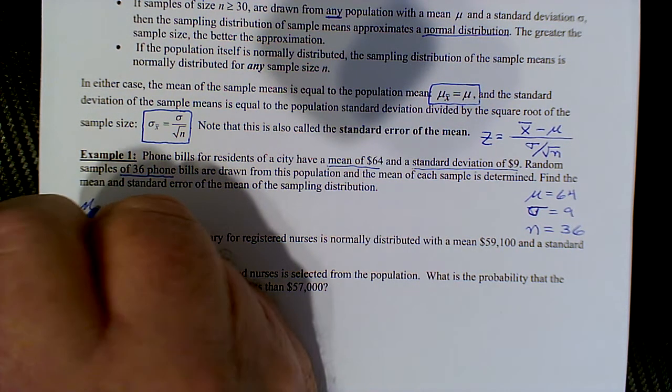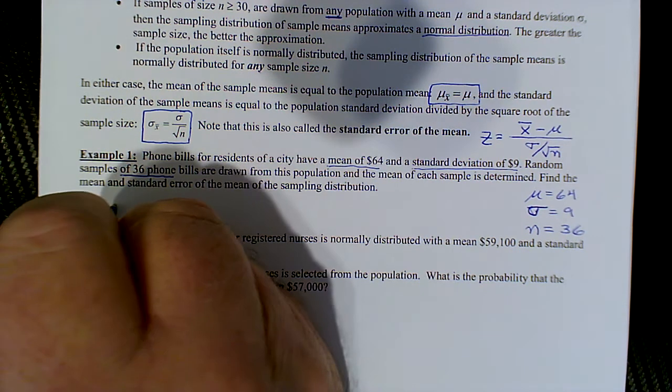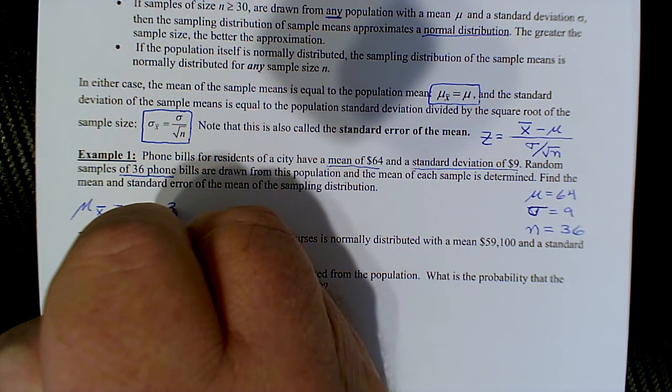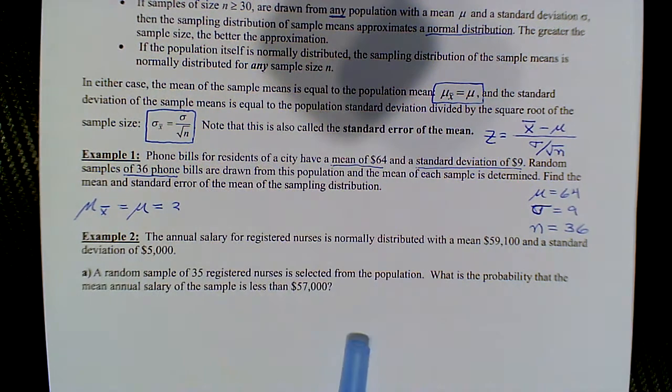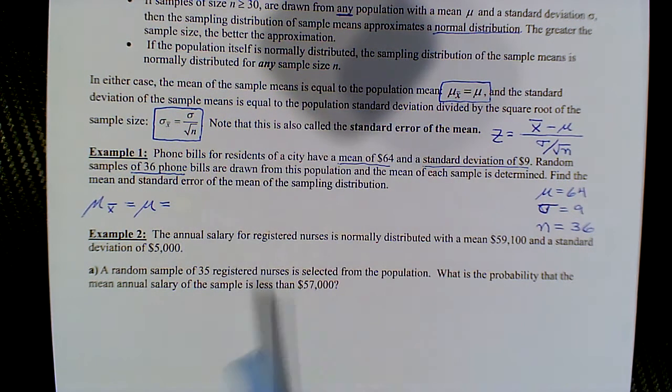Well, the mean of the sample means, which we notationally indicate by mu sub x bar, is the mean of the population, which in this case was 64. So that's going to be the same.